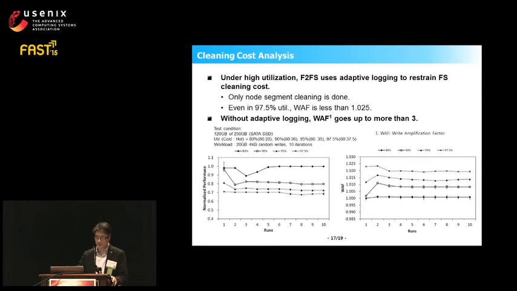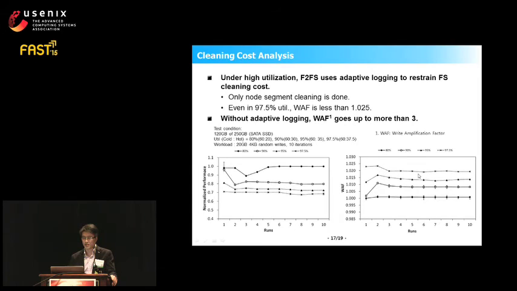And for the cleaning cost analysis, we did some synthetic benchmarks to analyze the cleaning cost. If we use adaptive logging, then we just do node segment cleaning, and we avoid data segment cleaning here. So as you can see, if the utilization goes high, the performance will be degraded because adaptive logging causes random writes to the device, but the write amplification factor doesn't increase much.